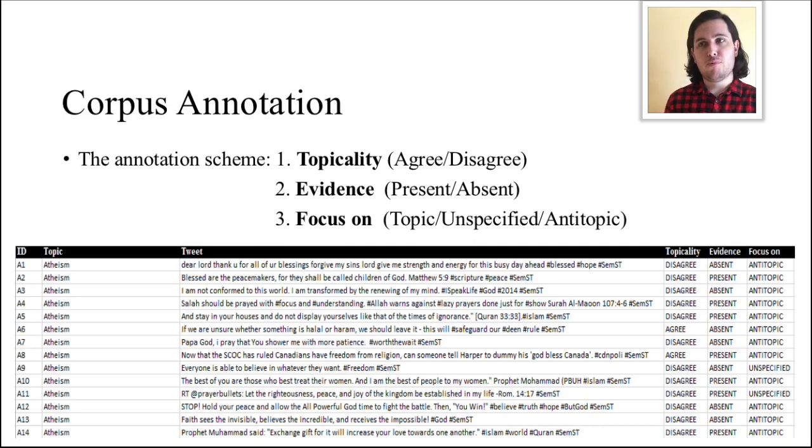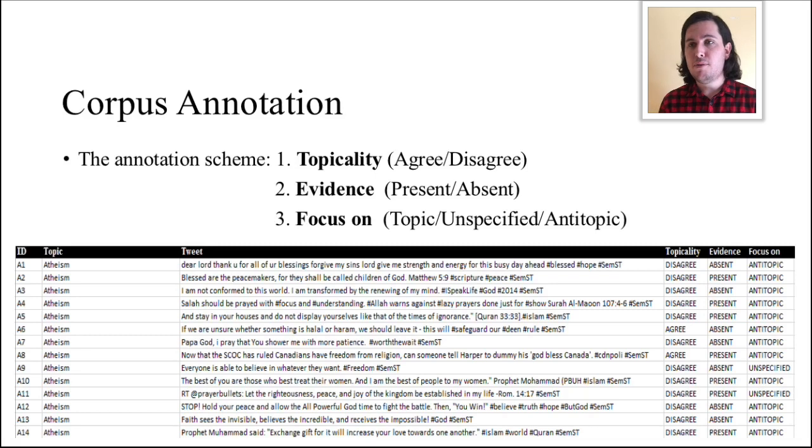So as you can see, I can read you an example just to let you know how the annotation scheme worked for me. Let's take, for instance, example number 8, atheism. "Now that SCOC has ruled, Canadians have freedom from religion.